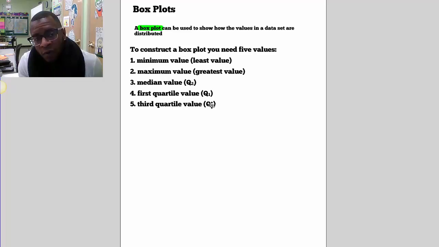You need to find these 5 values first so that you can draw your box plot correctly.